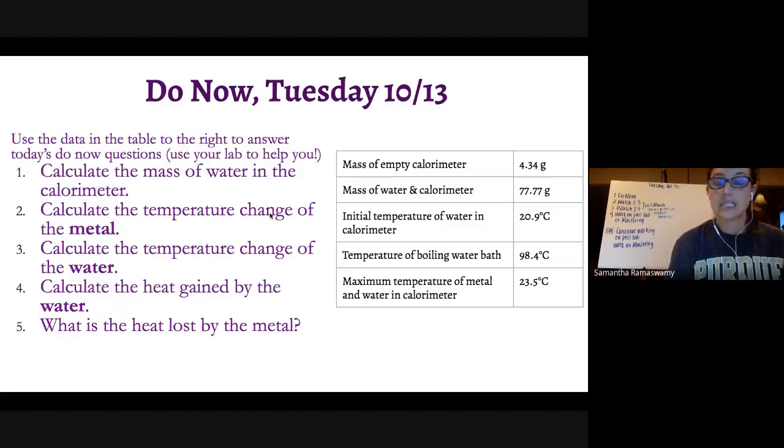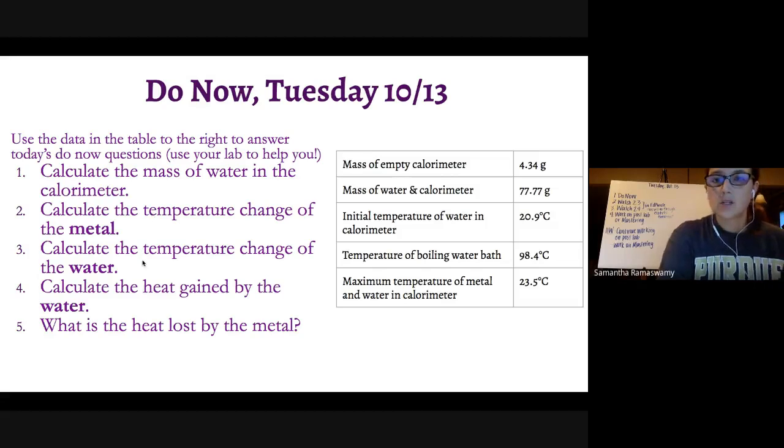The reason that delta T is negative is because the metal cooled down. The metal went from being very hot to room temperature, and since it cooled down, it lost heat, so the delta T would be negative. It's okay to have a negative delta T and a negative Q. M and C should always be positive numbers.